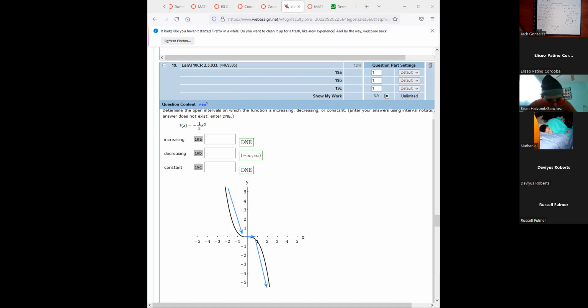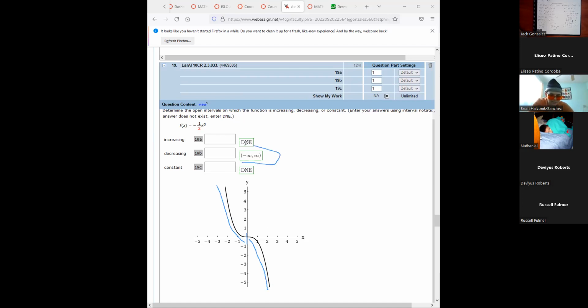So all you have to do is figure out the X values of where that's happening. We can see that there's a change right there. Before this point, I'm decreasing from -infinity all the way up until this spot. Decreasing. And then right afterward, I'm decreasing again. So technically, over the entire function, I'm decreasing.